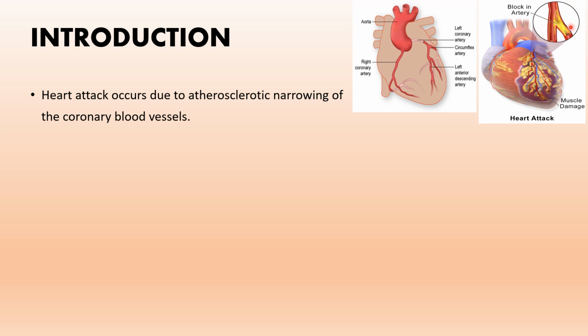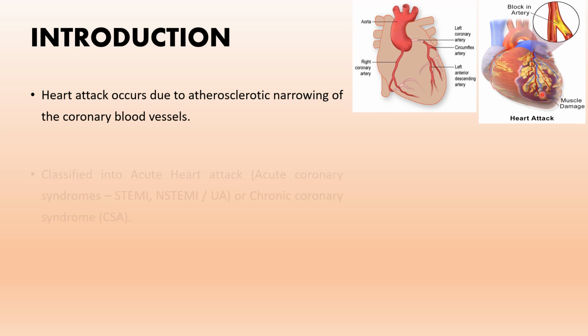So you are seeing here the accumulation of fat, leading to narrowing of the blood vessel and finally leading to obstruction of the blood vessel. So heart attack occurs due to this narrowing from fat accumulation in the coronary blood vessels. It results in a heart attack where the cardiac muscle gets damaged and impairment of the heart function happens.